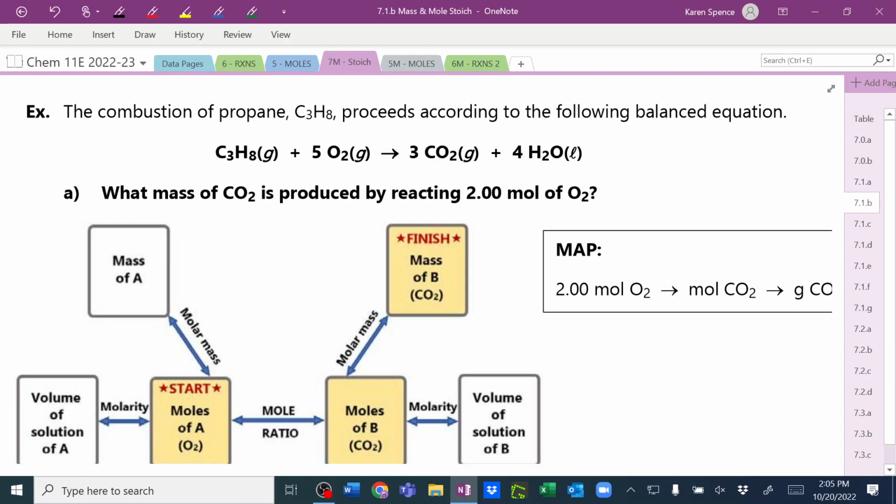Once you know that, I can give you moles, I can give you grams, I can give you particles, I can give you volume of solution, I can give you any of those things you used in that first unit, and you can find moles. Then you can use the mole ratio to find moles of the other unit. So the key is always to convert to moles first, and then use the mole ratio to get to your other substance, and then convert out into whatever you need. Let me know if you have questions. Okay?